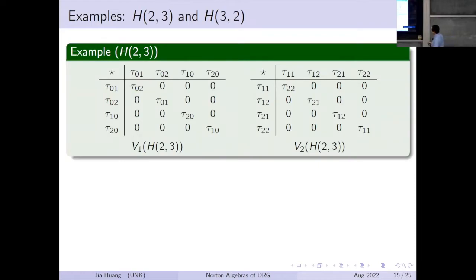So H(2,3): the length is 2, and each digit has 3 possibilities, 0, 1, or 2. So we have a basis for V1, so I want only one non-zero entry. Of course we just get 01, 02, 10, 20. Those are the only vertices with one non-zero entry. And then we made a Cayley table for the Norton products.